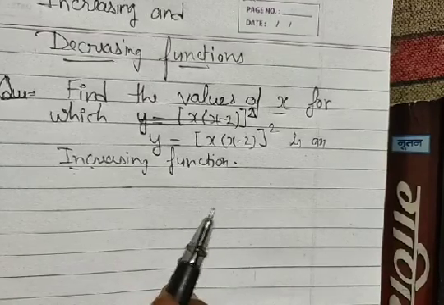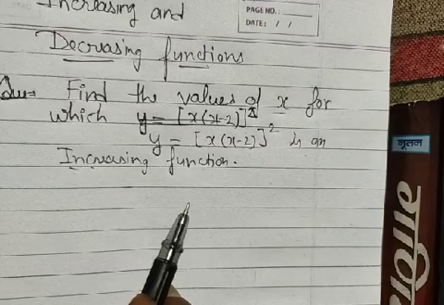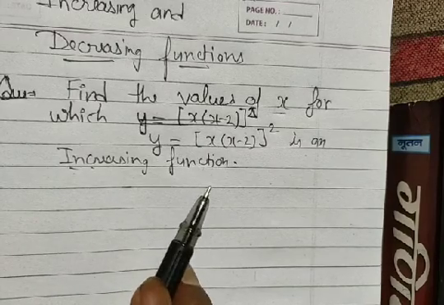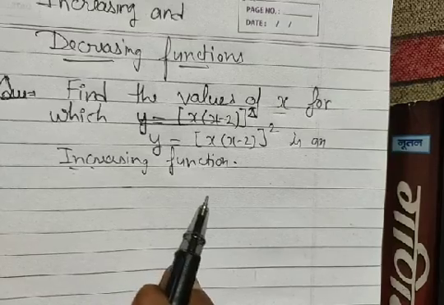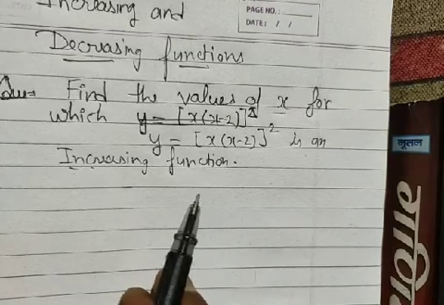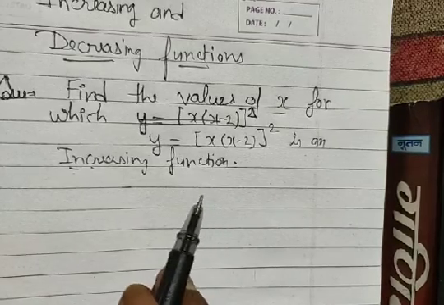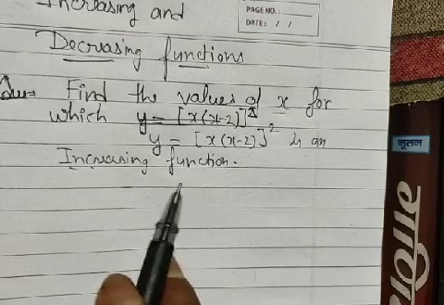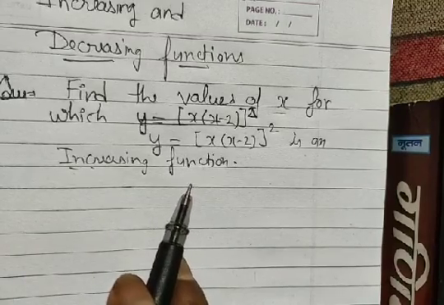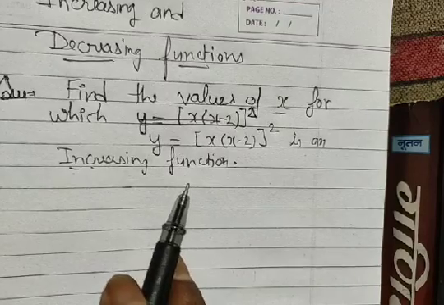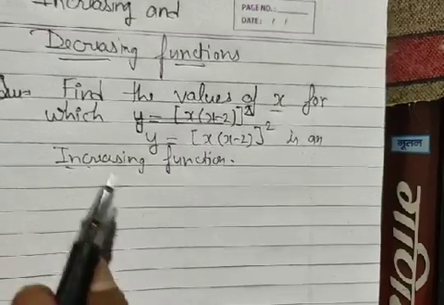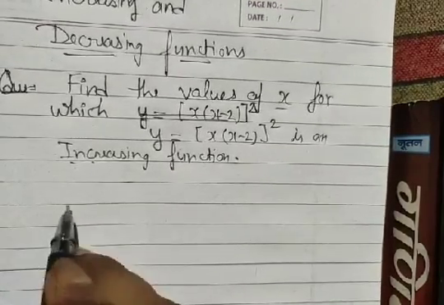Then we check the sign of the derivative in each interval. If the sign of the derivative is positive, the function is increasing in the given interval. If the sign is negative, the function is decreasing in the given interval. Then we move on to solve this.